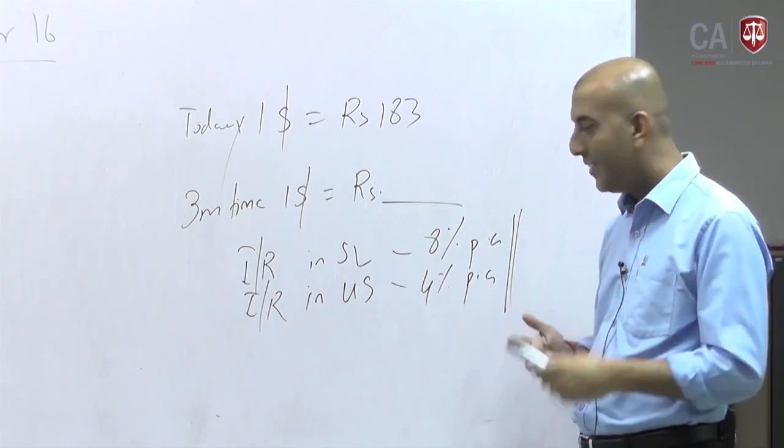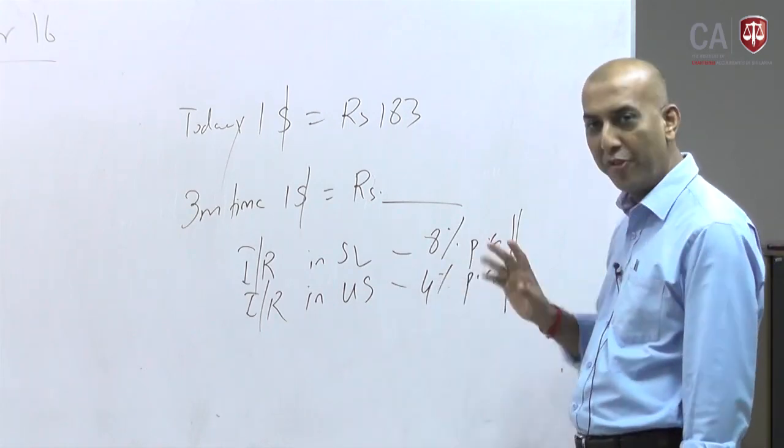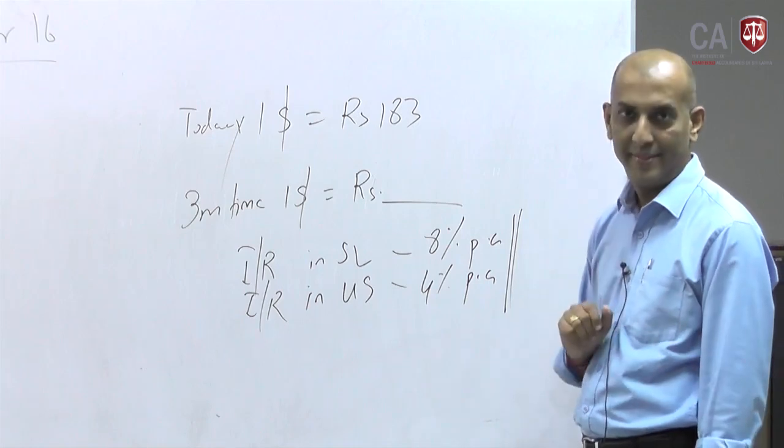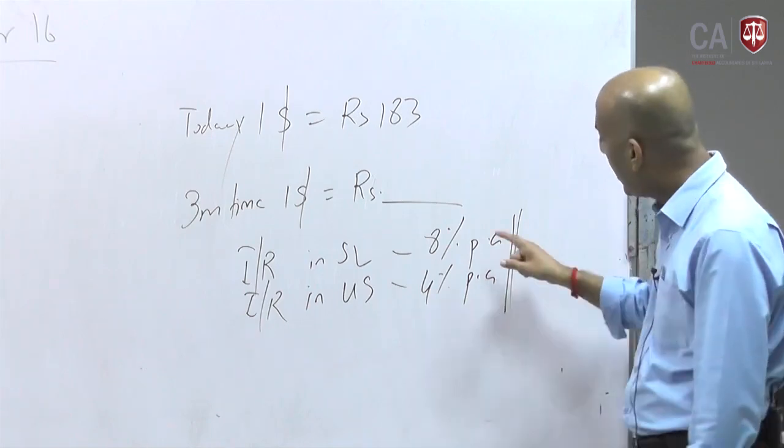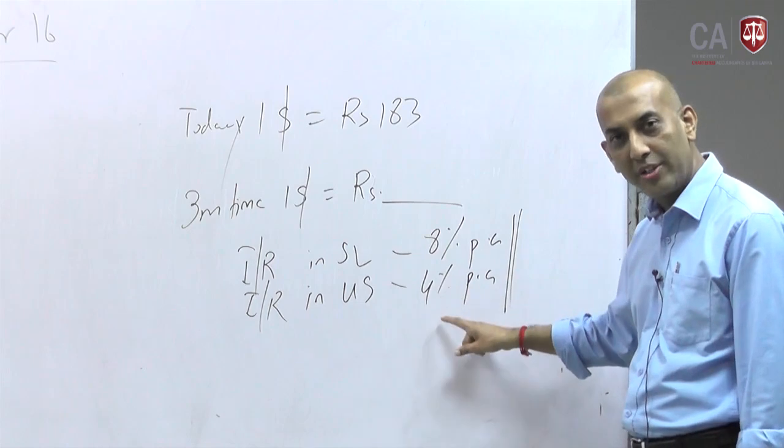So according to that, when you have this kind of interest rates of two countries, what will happen? Please note, Sri Lanka has a higher interest rate than the US.